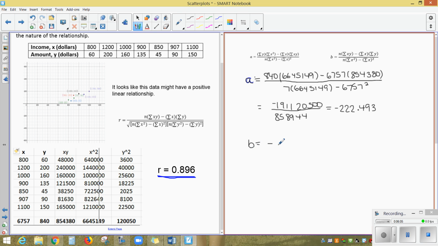If I want to find my B, again, the denominator is the same for A and B. Okay, 7 values total, 7 ordered pairs. My 854 number, sorry it's not very legible here, but you can see it from the other page if you say what is she writing on that whiteboard.